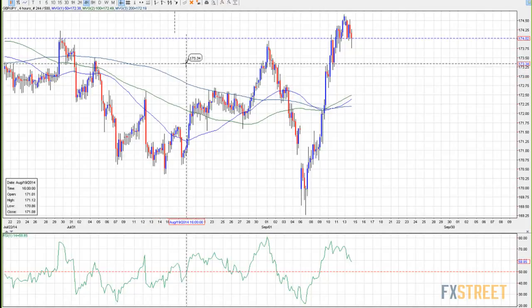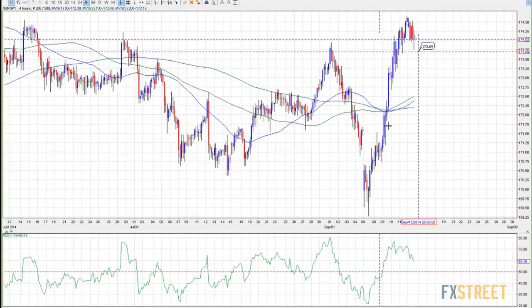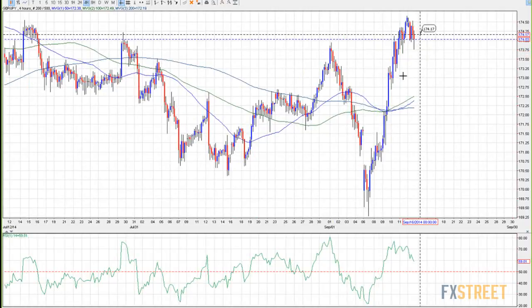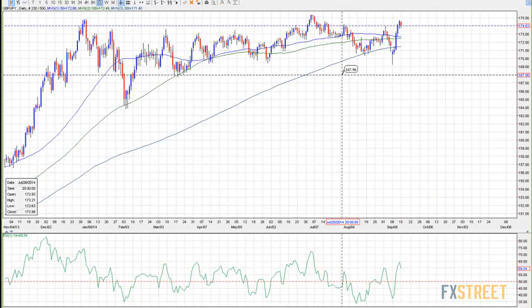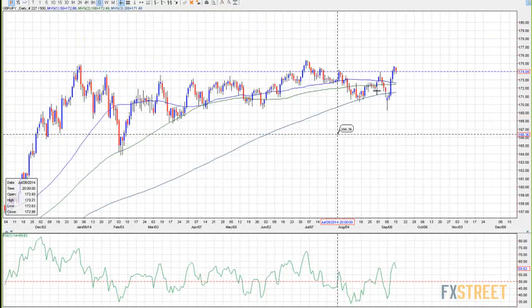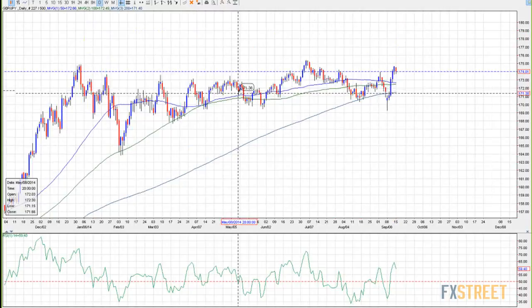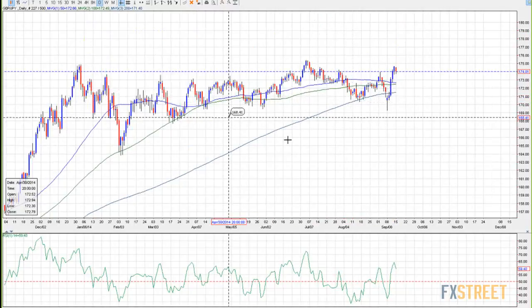Let's just take a look at the pound yen at the moment. Sharp V-shape reversal here, much like the Euro yen, much like a lot of yen crosses. Now, let's go to the daily chart. This market has been pretty much sideways in 2014, but it maintained a bullish bias in terms of staying above the 200-day moving average.